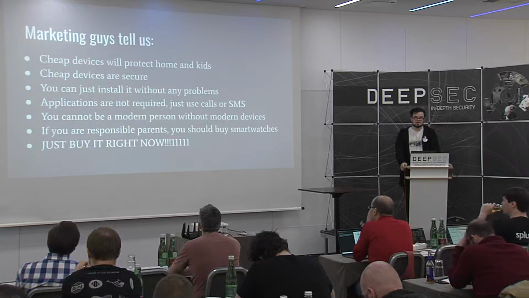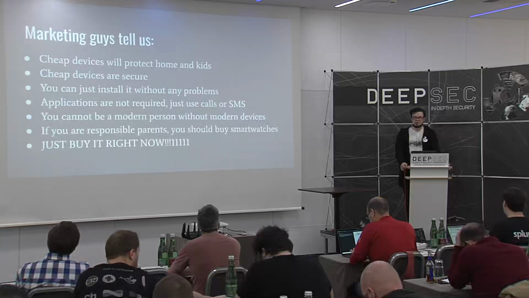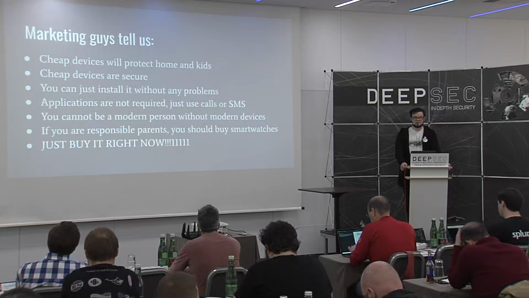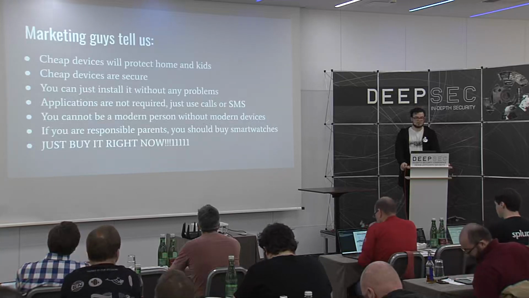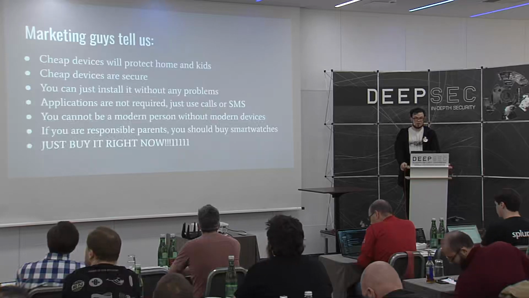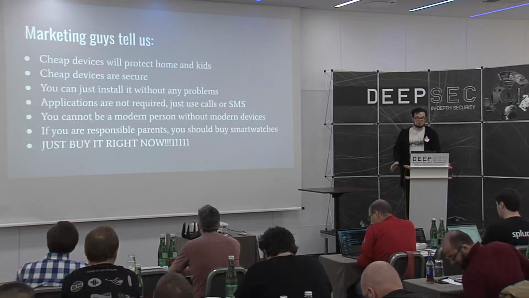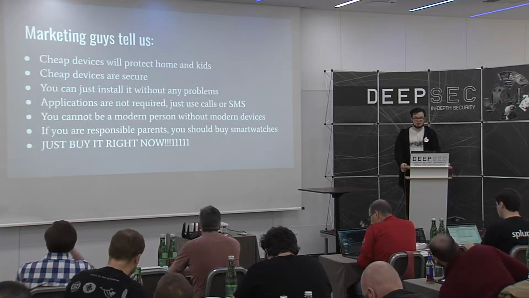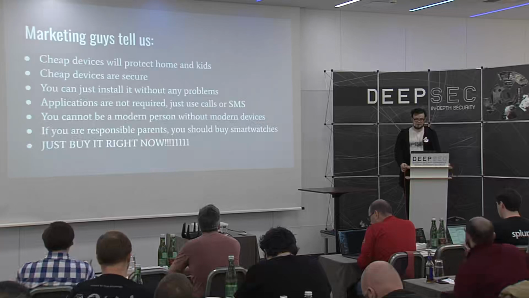Also, they tell you that cheap devices are secure too, so it is not necessary to spend maybe 1,000 euro to buy a good GSM system, but you can just spend 50 euro on AliExpress and get a very secure system. Also, you can just buy the device and install it without any problem. It is easy, and it is the reason why we have a lot of problems with detectors now.